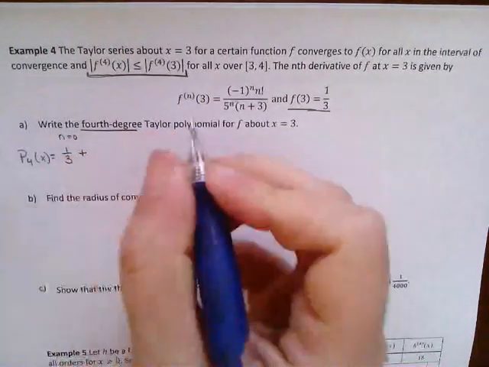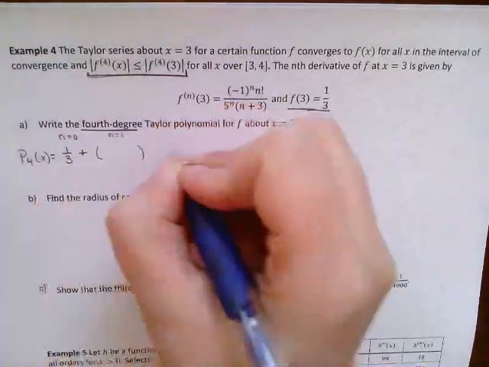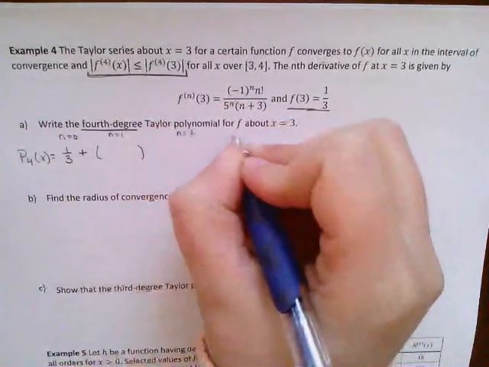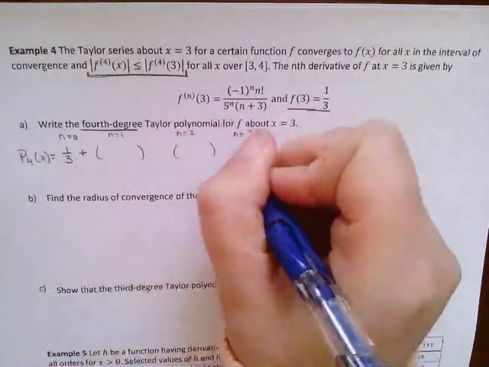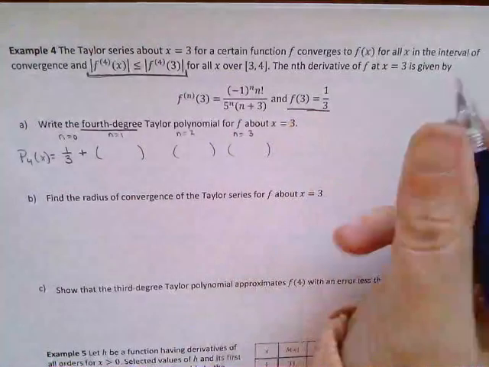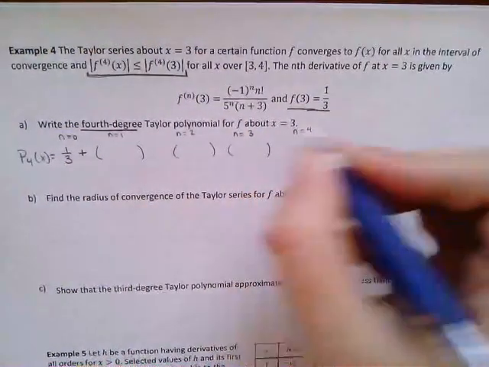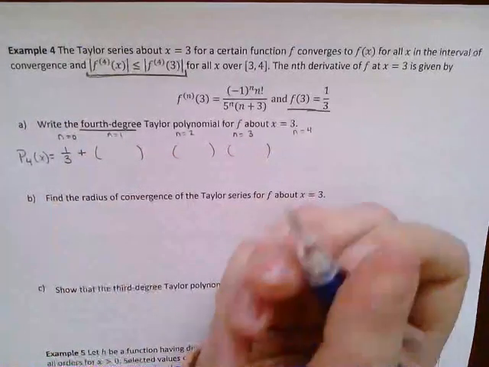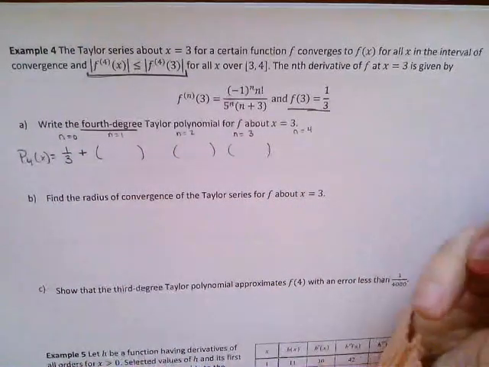Plus, what is our n equals 1? What is our n equals 2? What is our n equals 3? And what is our n equals 4? We want to go to fourth degree, so that means to the fourth derivative.